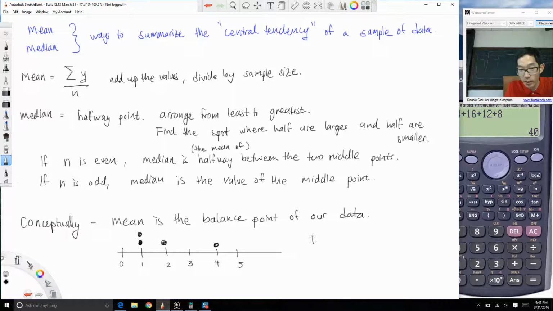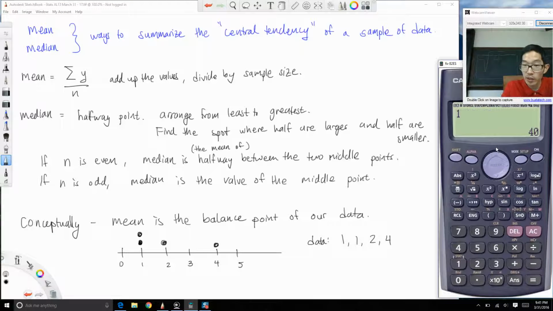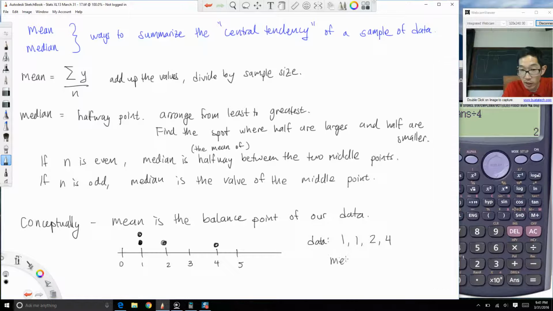The mean of these values would be 1 plus 1 plus 2 plus 4, divided by 4, so my mean is equal to 2, right?